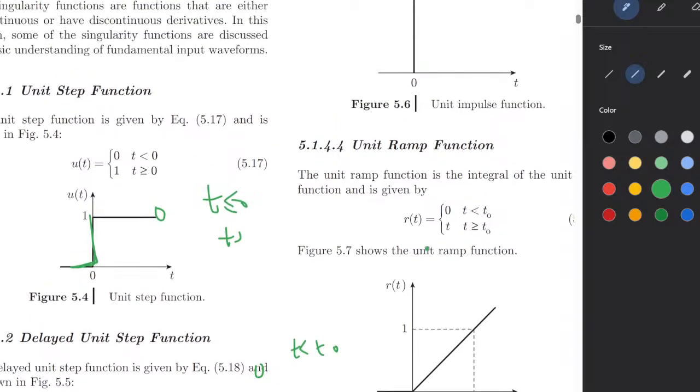For the ramp function, for t less than 0 we say 0. After that the value becomes 1 times t, changing with t.